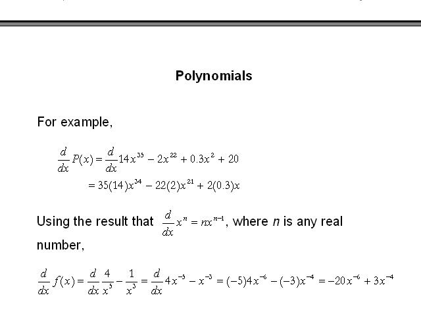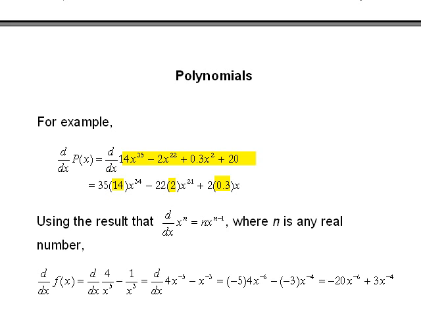So I'm going to take the derivative of this polynomial, 14x to the 35th minus 2x to the 22nd plus 0.03 times x squared plus 20. So I just have to take the derivative of each one of these separately. So the constant multipliers just stay here. There's the 14. Here's the 2, actually the minus 2. Here's the 0.03.